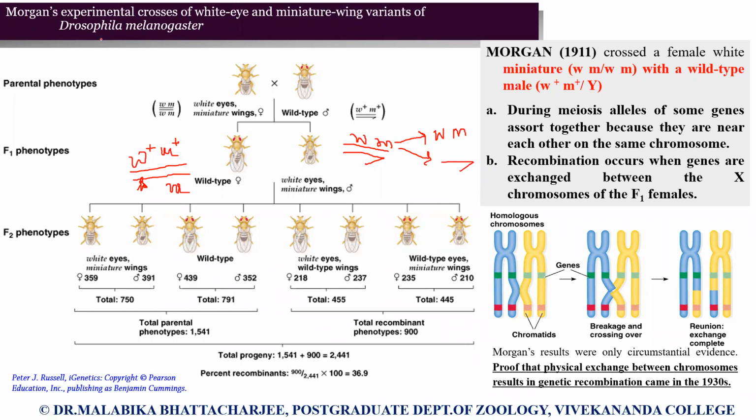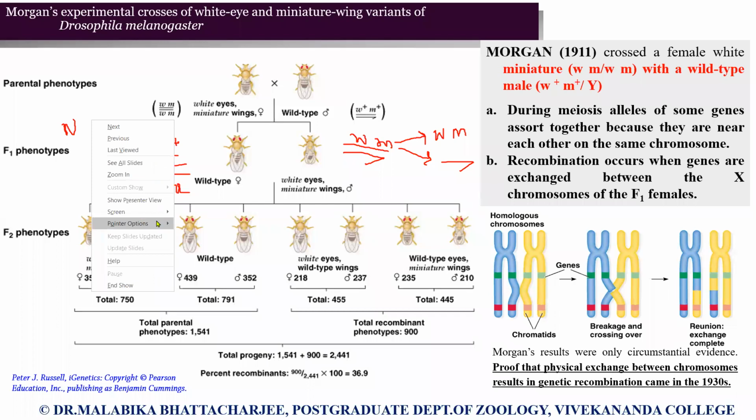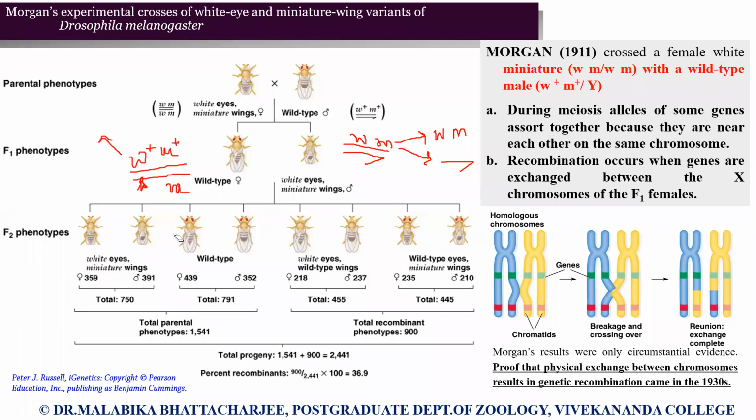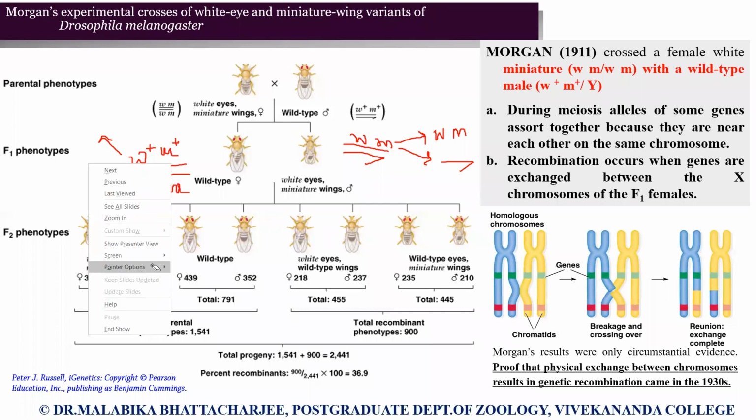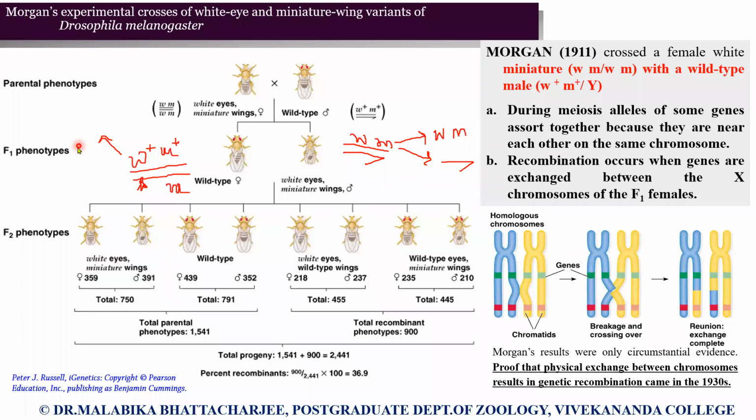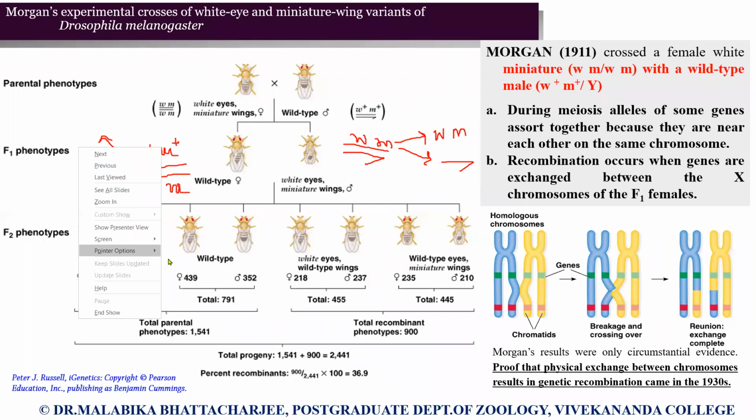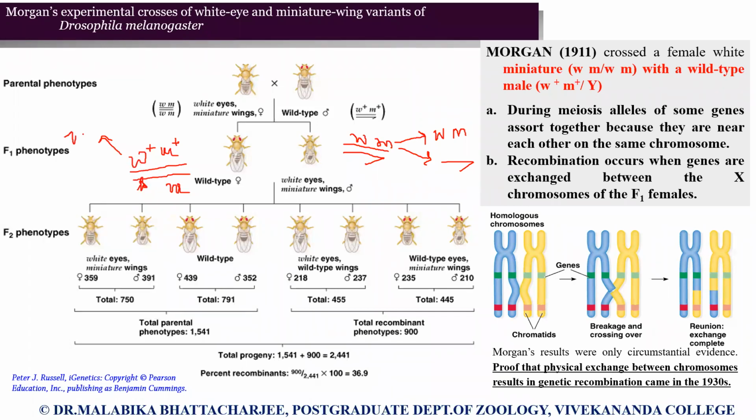Now let's look into what different categories we can obtain from this combination. See, the genes are in coupling, as I said. So we are getting our W. Here we will be getting a W. See, first one, parentals.